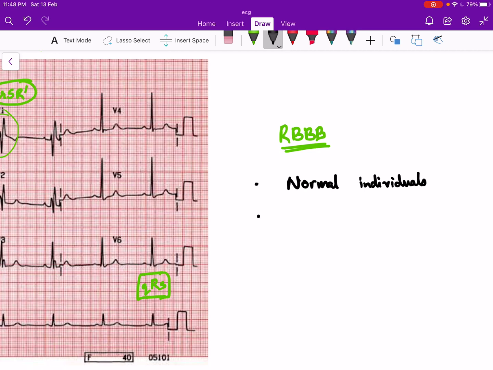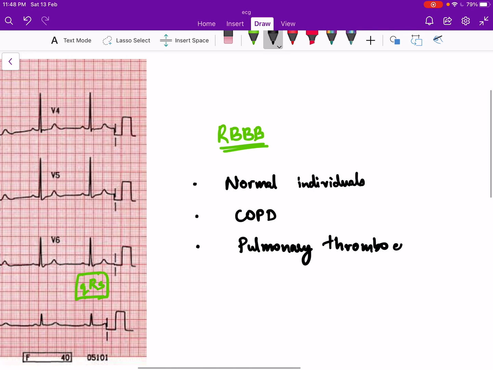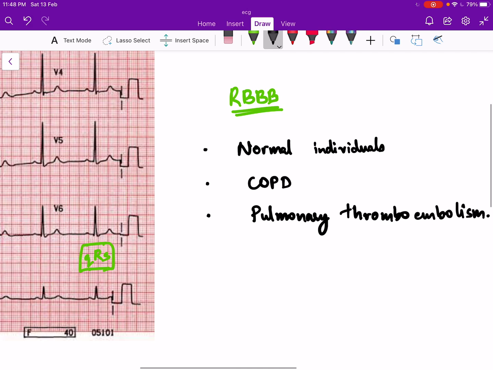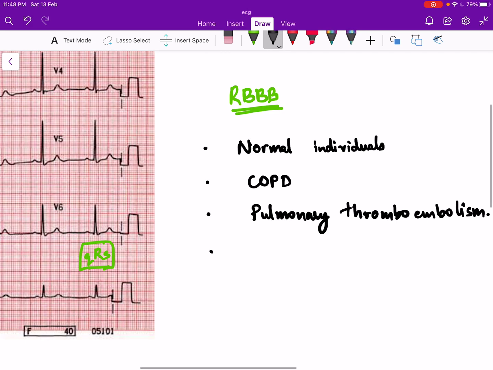It can be seen in cases where there is strain on the right side of the heart, any pulmonary condition such as COPD, pulmonary thromboembolism, or it can also be seen in some other conditions as well.